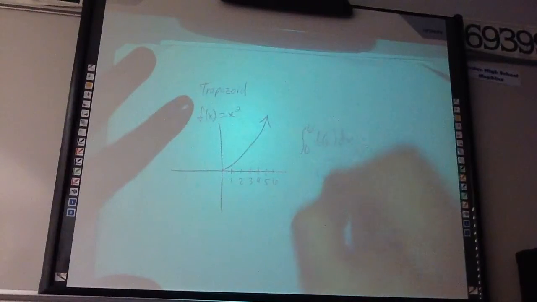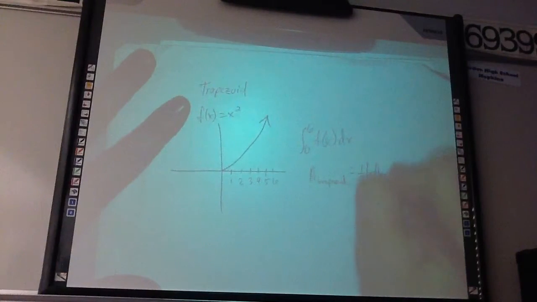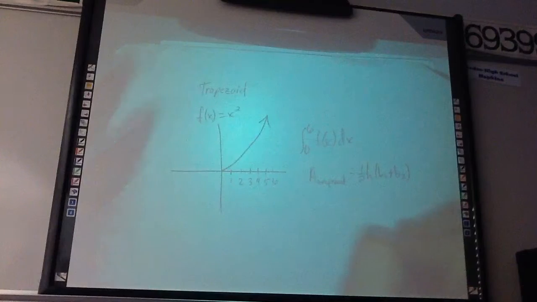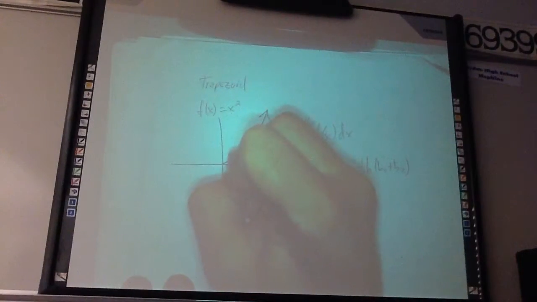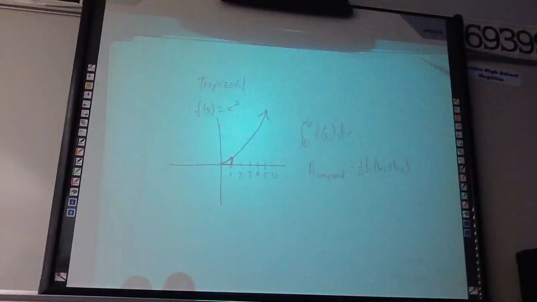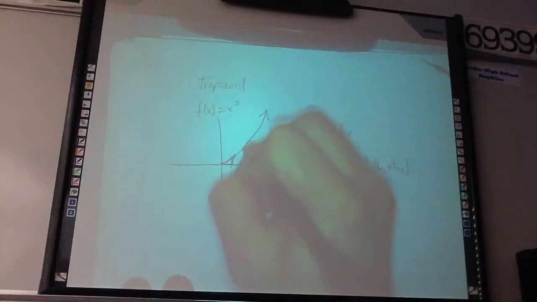How do you find the area of a trapezoid? It's 1/2 times the height times base 1 plus base 2. If you draw your picture and you get a bunch of trapezoids, the first one's a triangle, but the rest will be actual trapezoids.